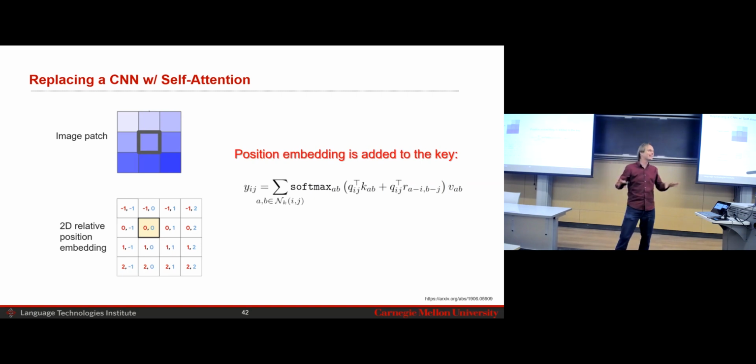So the embedding is not done like previously, where the position embedding is done once. In the other case, the position of a word was computed once, and that's it.